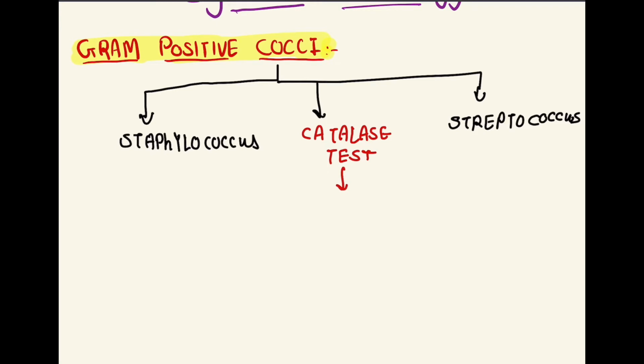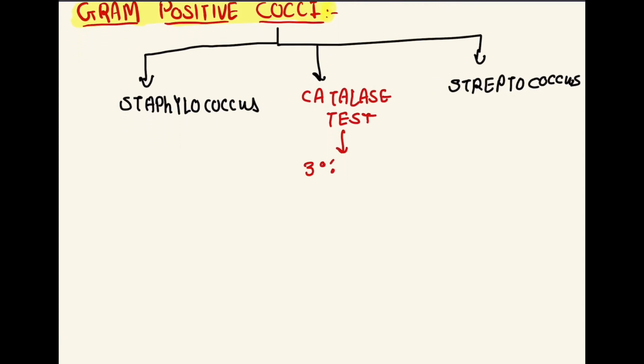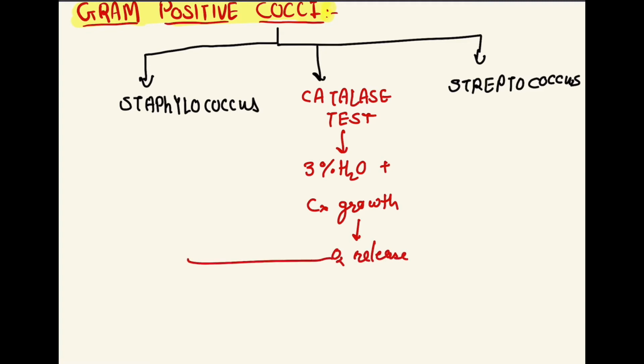In the catalase test, generally we use 3% H2O2 and culture growth. If oxygen is released, it is positive, and positive means Staphylococcus. And if oxygen is not released, it is negative, which means Streptococcus. So that's how we can differentiate between Staphylococcus and Streptococcus.